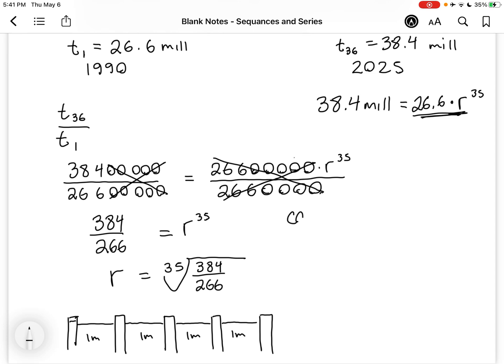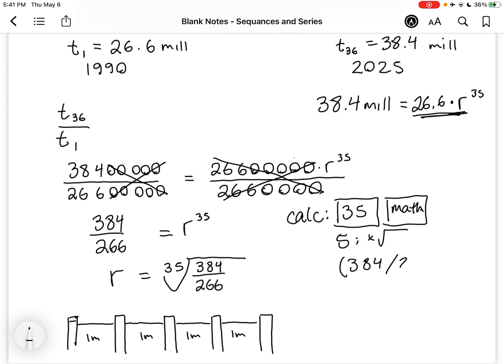You have to enter in 35 first, and then hit the math button, and then hit number 5, where it says x root. That allows you to put in whatever index you want. Then in brackets, put in 384 divided by 266, and then go enter. So I'm going to do that right now.